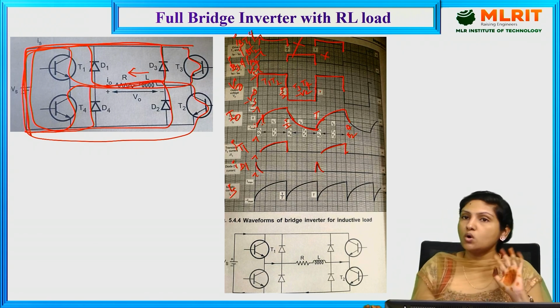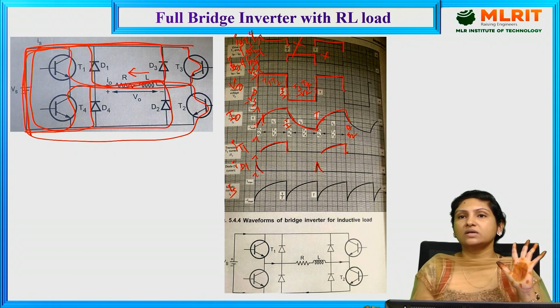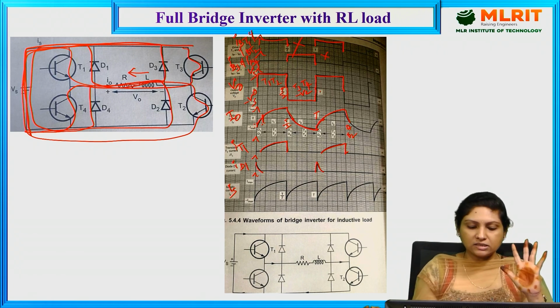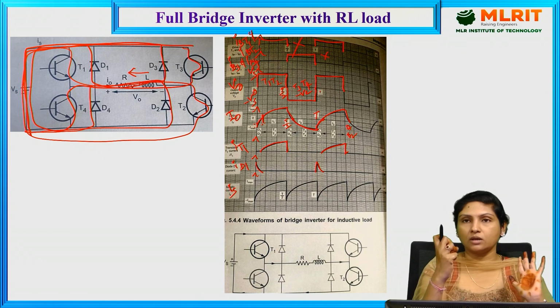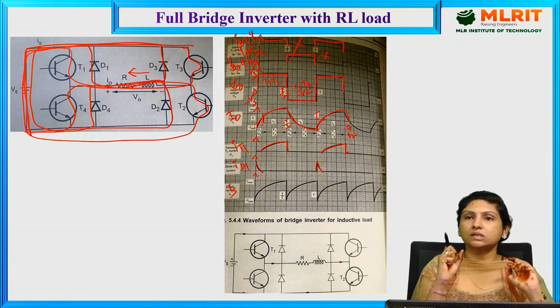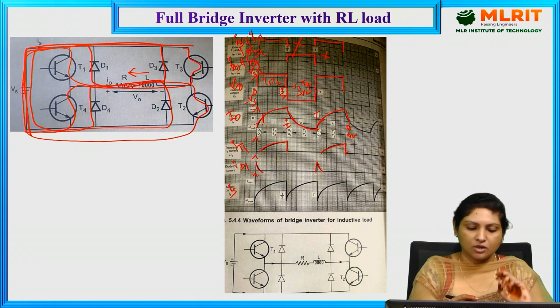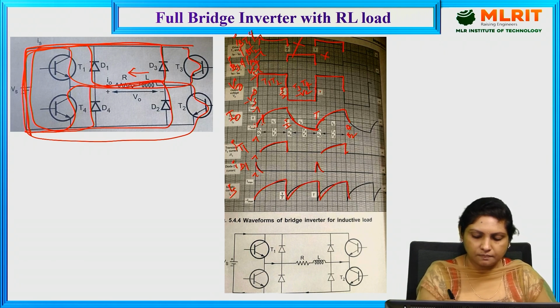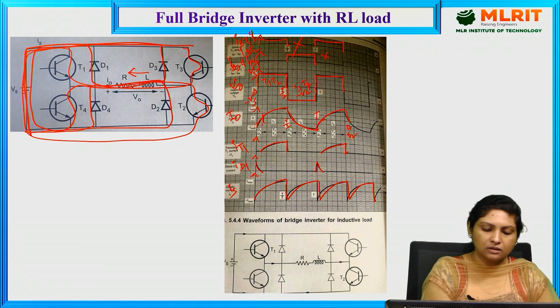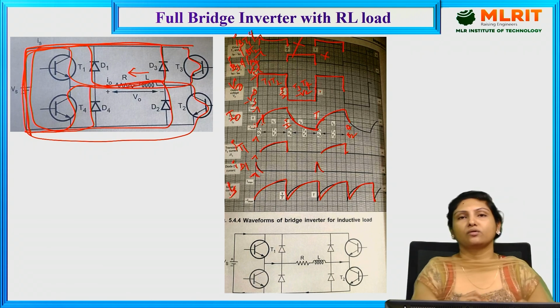So in all the cases, when any device is on, there is a certain amount of current drawn from the supply. So we need to indicate the supply current every time. Here the supply current is indicated, again supply current is indicated, and this is the supply current waveform.